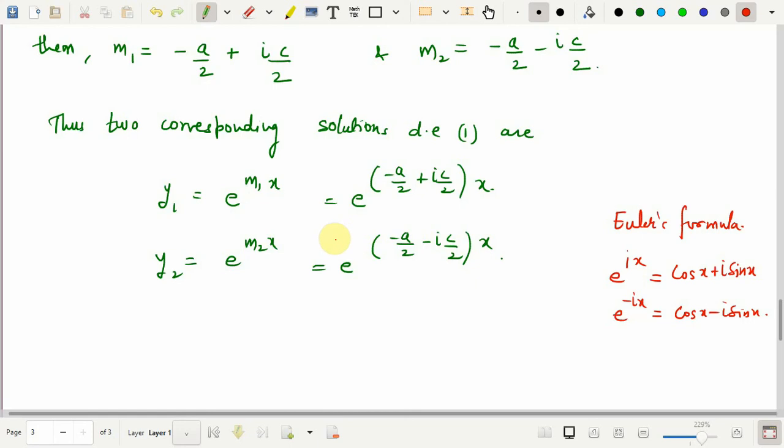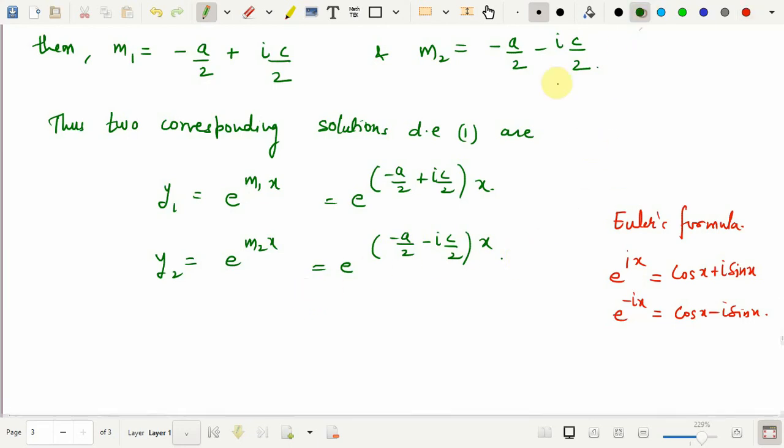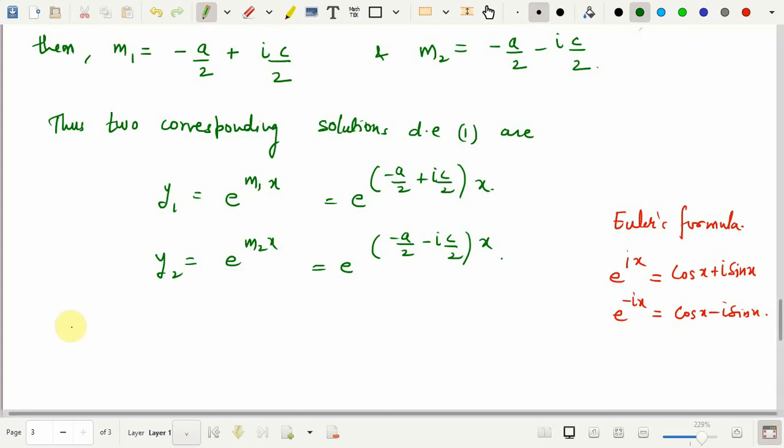This is the generalized case, case 1: you have two distinct roots, and so y1 and y2 are two linearly independent solutions. But since we want the real solution, we would get it from this.